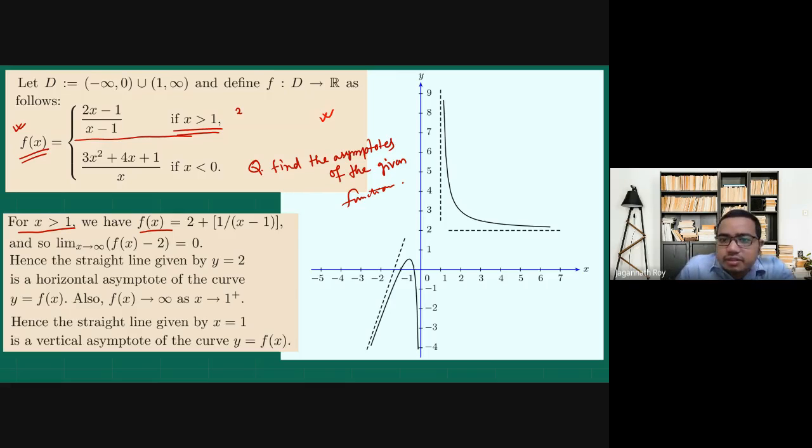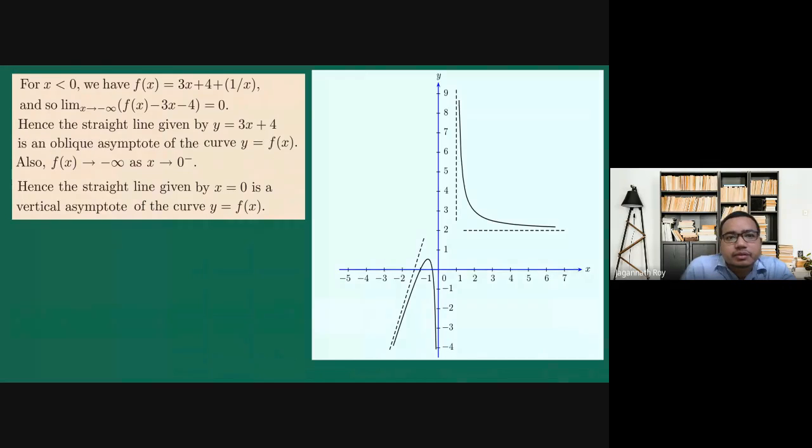So here y equals 2 and x equals 1 will be the horizontal and vertical asymptotes, and y equals 3x plus 4 is an inclined asymptote. You just need to verify. Everything is written here, so you can verify it.